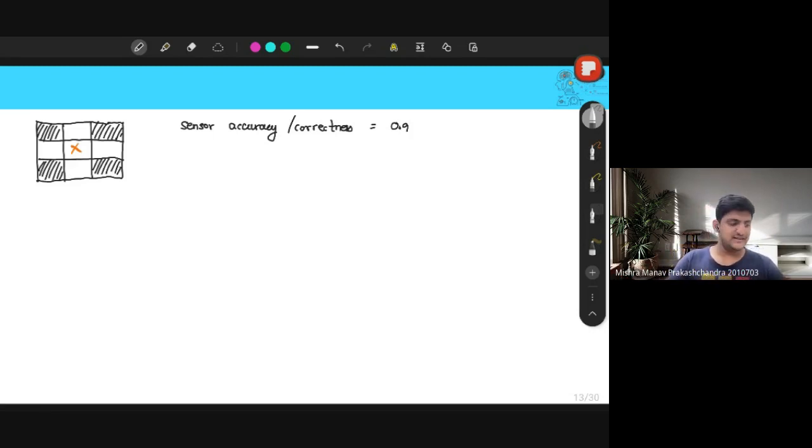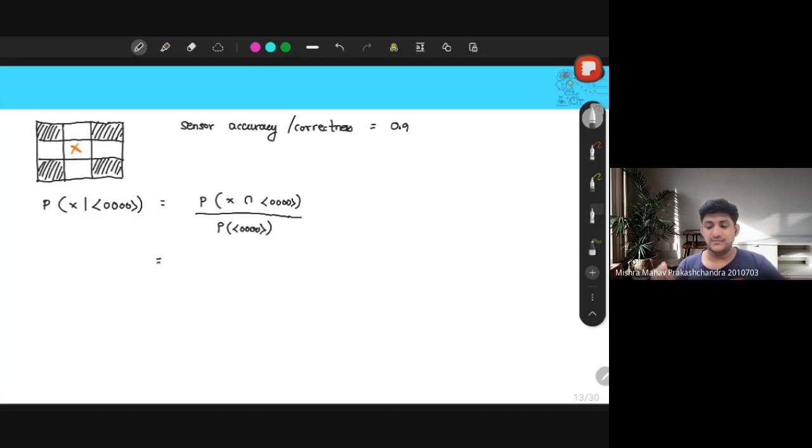To solve that, we say P of X given my observation is 0, 0, 0, 0. We'll simply apply the rules for conditional probability. This is P of X intersection 0, 0, 0, 0, divided by the probability of getting observation 0, 0, 0, 0.